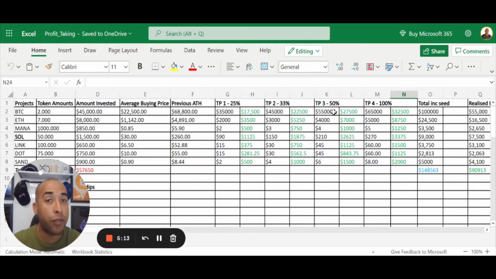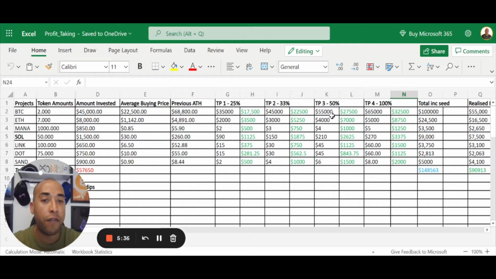Then my take profit 3, I'm only left with half of my original amount of Bitcoin, which means when I sell it, I'm going to sell half of it this time, 50%, because that again equals that original 25%. And I know this might come across as confusing to some people, but just trust the process. This is the way that you need to do it.